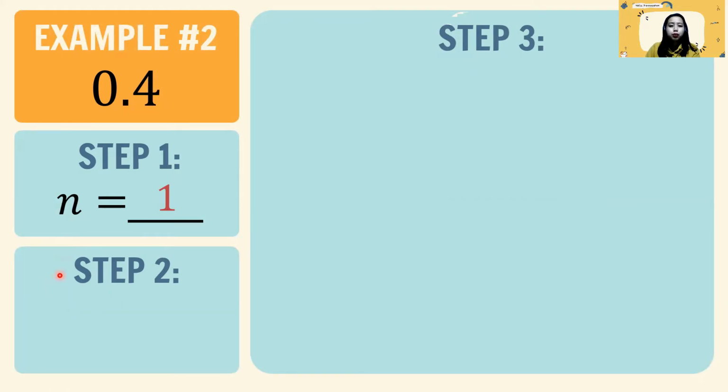Now for step 2, we will replace n and indicate the given decimal in the formula that we have. So for step 2, we will have 0.4 times 10 raised to 1 all over 10 raised to 1.